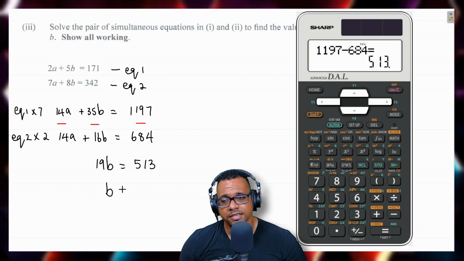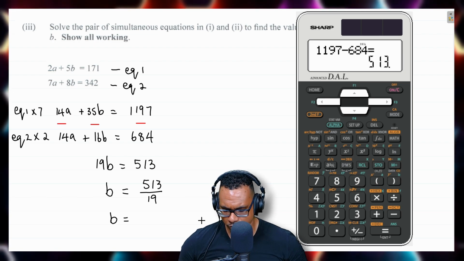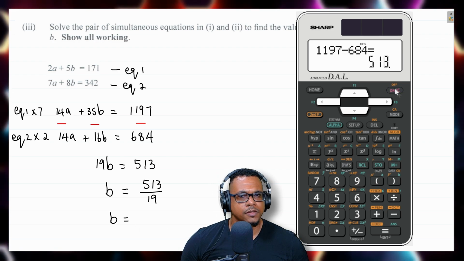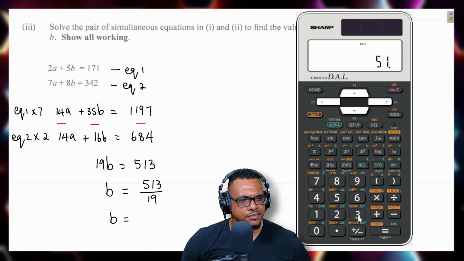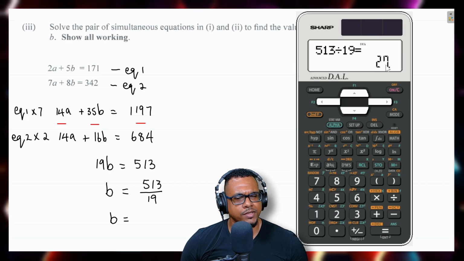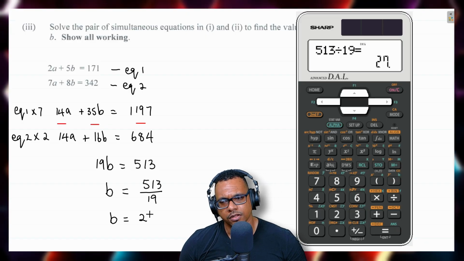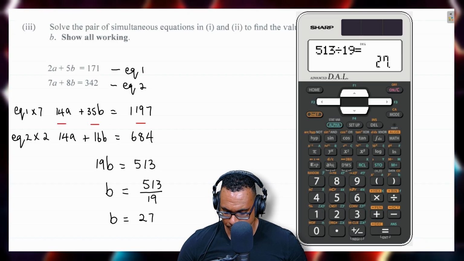So we'll have B is equal to 513 divided by 19. So we'll take that 513 and divide it by 19, and we get 27. So B is equal to 27.